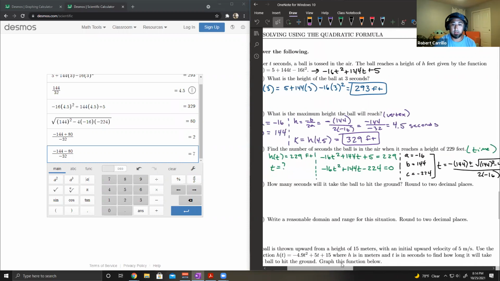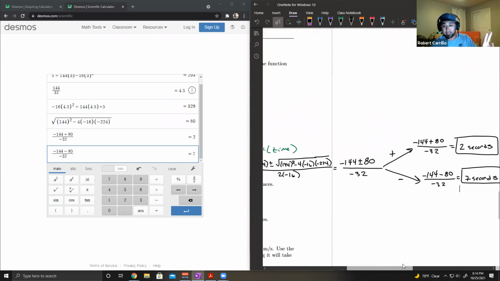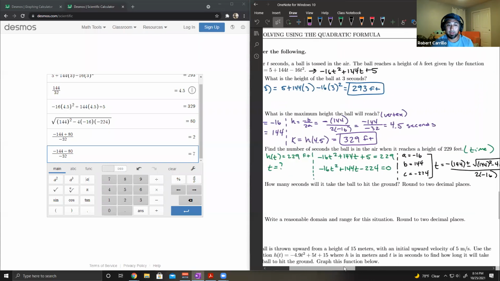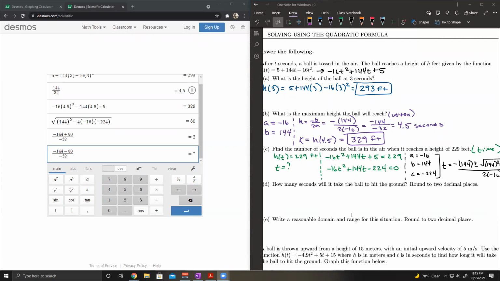All right. So that was C. So the ball will be 229 feet at 2 seconds and at 7 seconds. Okay. And then for D, how many seconds will it take for the ball to hit the ground? Well, if you hit the ground, what is the height? 0.